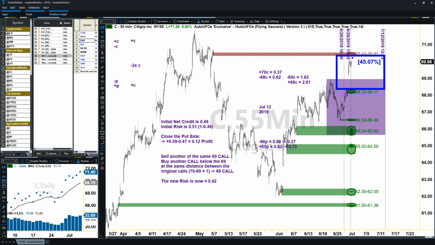So if this thing keeps going and going and going, then I will lose 42. But if it stays where it is or comes back down a little bit or somewhere in here, then I will make money. Okay, I will make money.